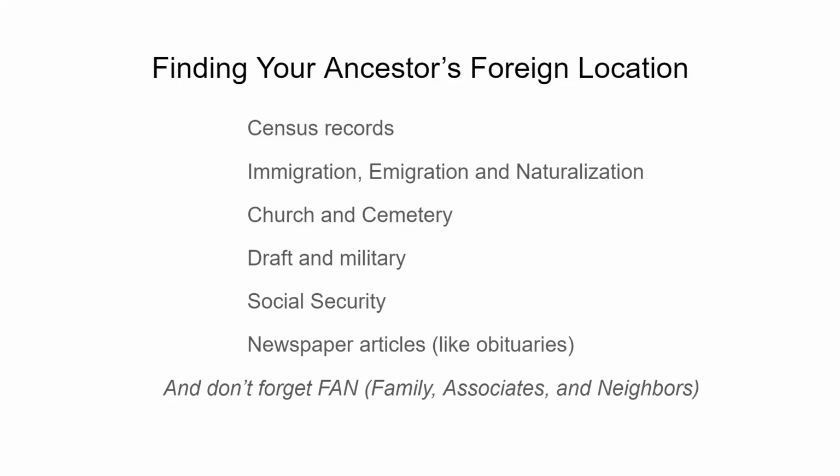Now, the other thing to remember is that people didn't migrate alone. They migrated with other people. So if you can look around, even if you can't find the information for your relative, you may find it for a family member who may be a cousin or a person who came from the same community, and get close enough to do your research.